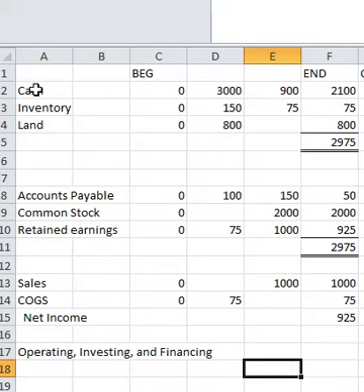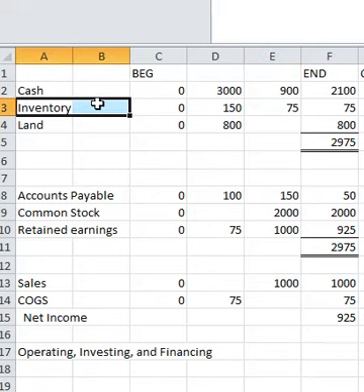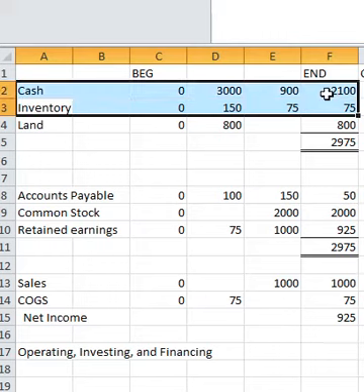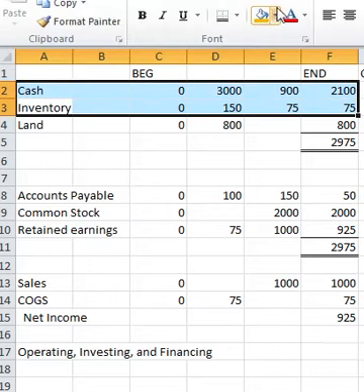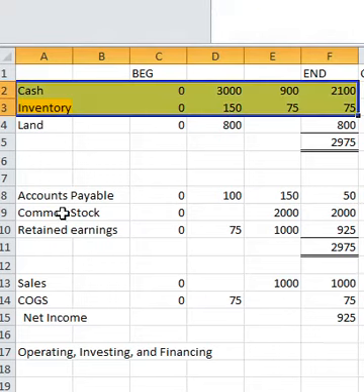Something you may not have noticed before is that those 3 categories, operating, investing, and financing, can be tied back to sections of the balance sheet. If we start up here and look at inventory especially, and cash too, those are current assets.